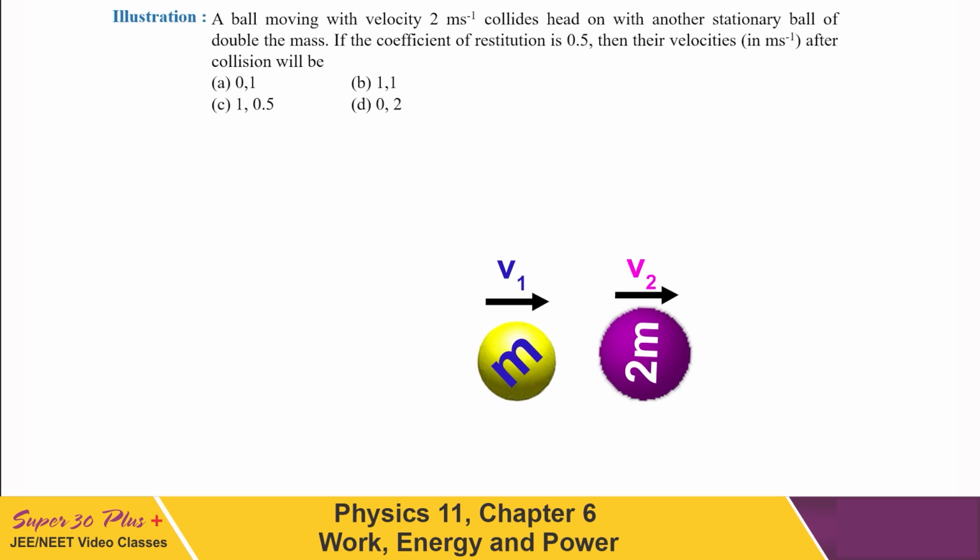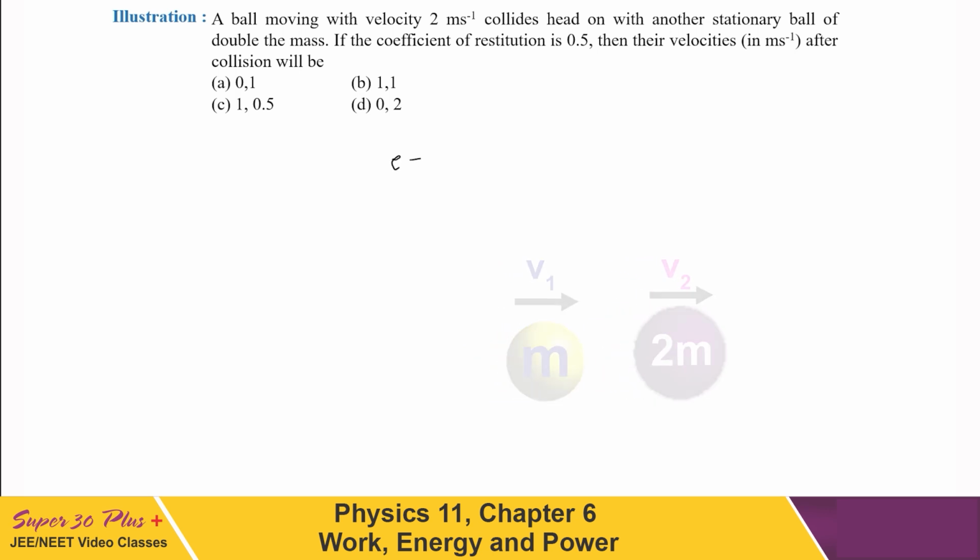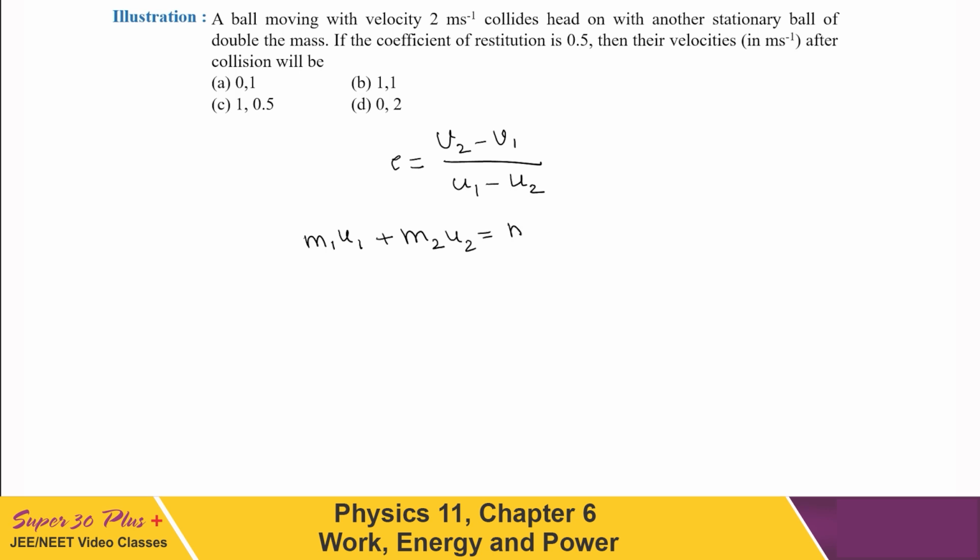As we know, coefficient of restitution we can write as e equal to v2 minus v1 upon u1 minus u2, where u1 and u2 are initial velocities and v1 and v2 are final velocities of 1 and 2 respectively. Also from the law of conservation of linear momentum we can write m1 u1 plus m2 u2 to be equal to m1 v1 plus m2 v2.